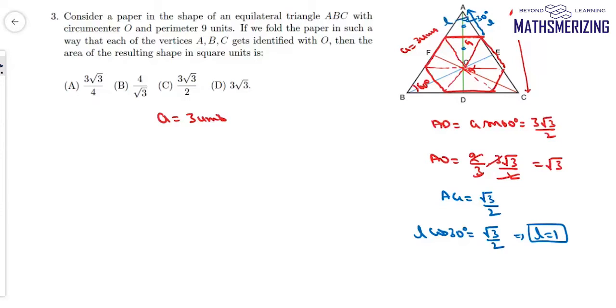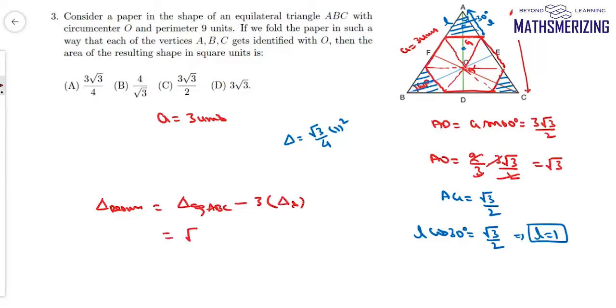If I find the area of this small blue triangle, it will be root 3 by 4 into 1 square, and we have 3 such triangles. So the area of the resulting figure will be the area of this equilateral triangle ABC minus 3 times the area of these small triangles.